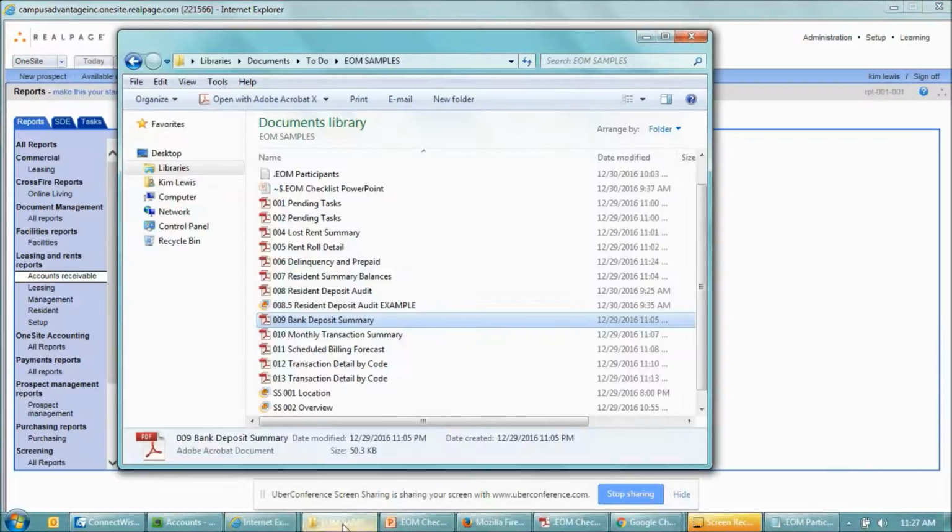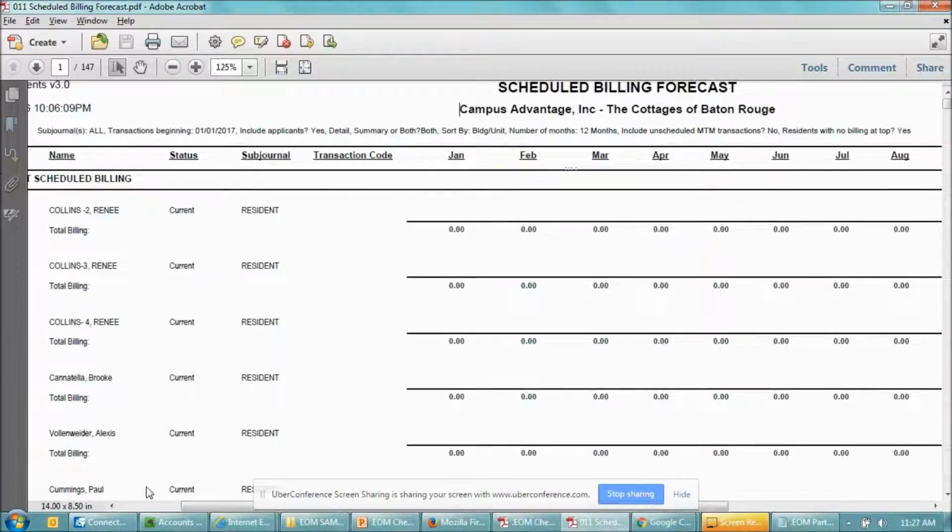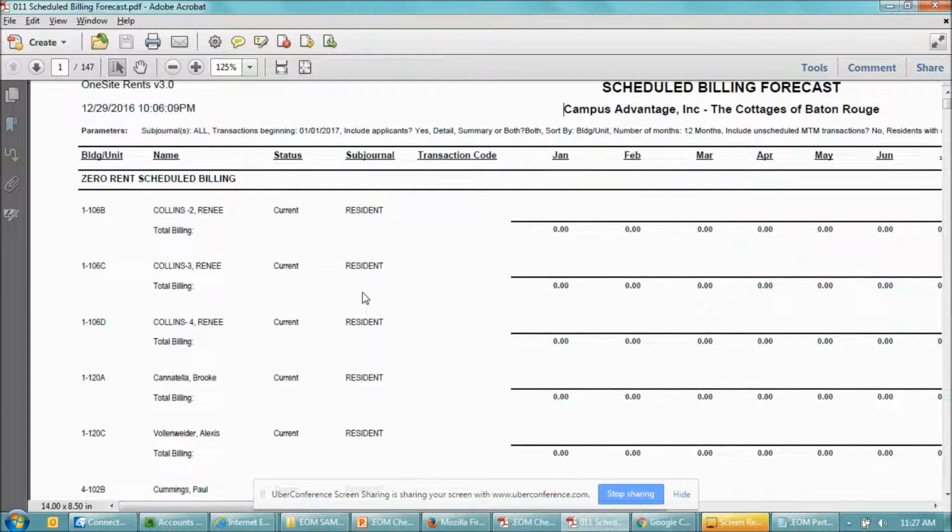After we hit generate, we get this beautiful scheduled billing forecast that looks like this. Up at the top is any resident who does not have scheduled billing scheduled for January. There might be a very valid reason. For instance, Brooke, maybe she's moving out in December, and we just haven't had a chance to mark her as a notice to vacate, and that's why she's still a current resident. That's a valid reason.